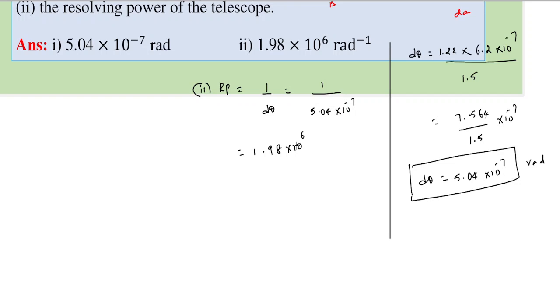If you take out 10 power here, it becomes 1.98 into 10 power 6. It will be per radian. So this is its resolving power.